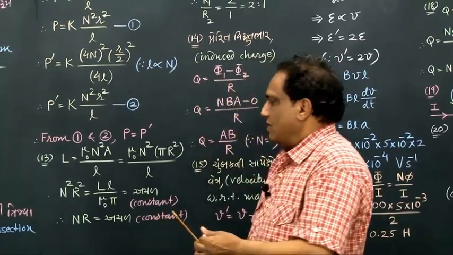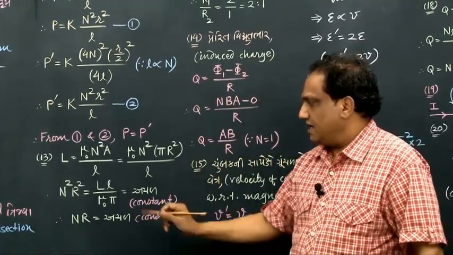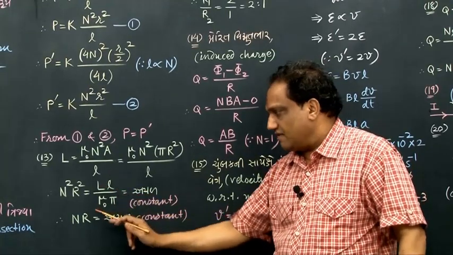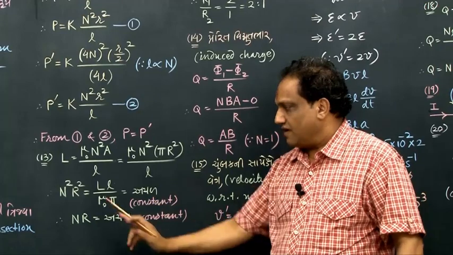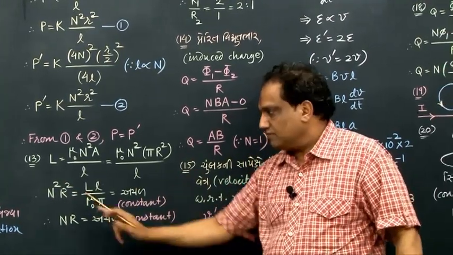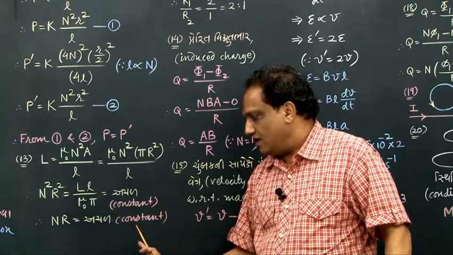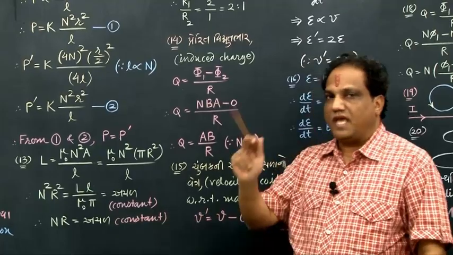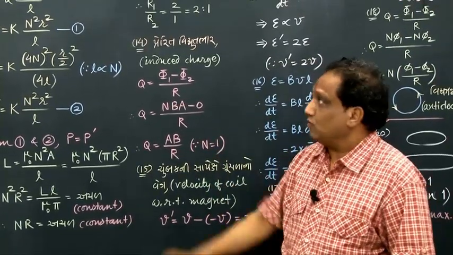Because for the 2 cases the inductance is the same and the length is also the same, this right hand side will be constant. When n square r square is constant, take the square root, then n into r also will be constant. So n1 r1 equals n2 r2.